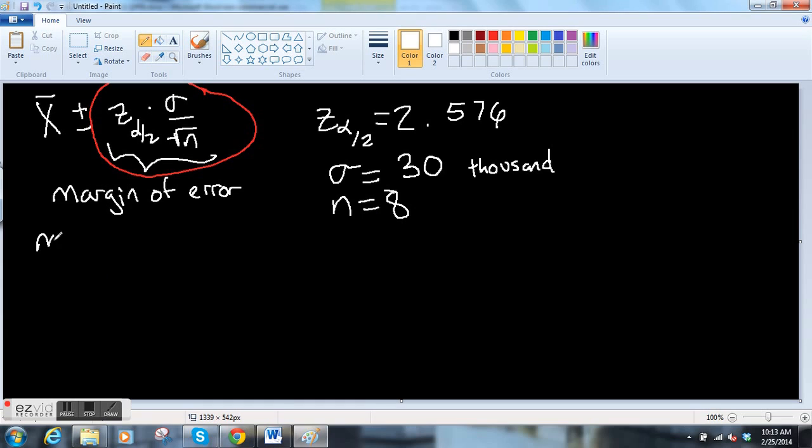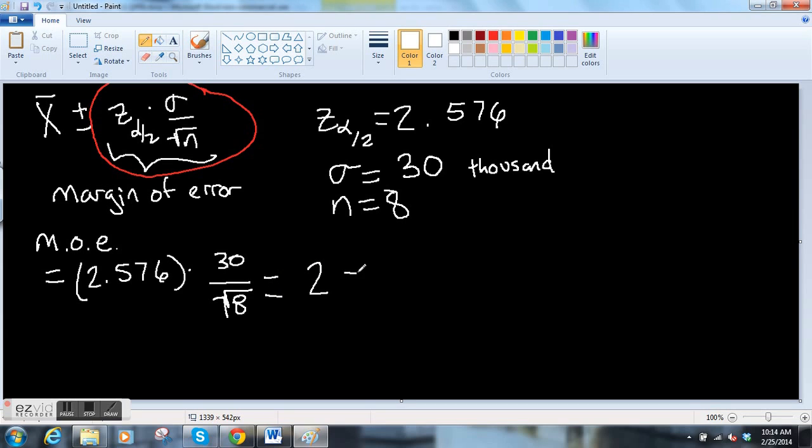So the margin of error is 2.576 times 30, all divided by the square root of 8, which is equal to roughly 27.322 thousand. Remember, these are in terms of thousands.